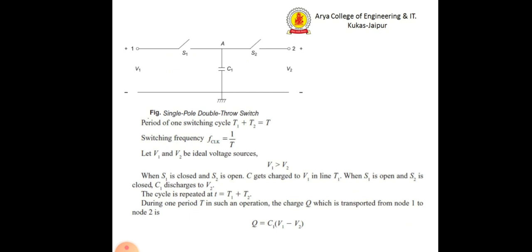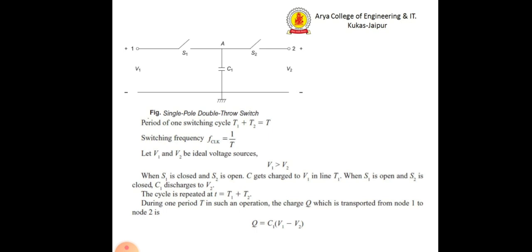Applying the signal V1 at the input port and V2 at the output port, and doing the analysis for a period of one switch cycle, that is T1 plus T2 equals T, we see that the switching frequency f clock is equal to 1 by T. We assume that V1 is greater than V2, and S1 is closed and S2 is open.